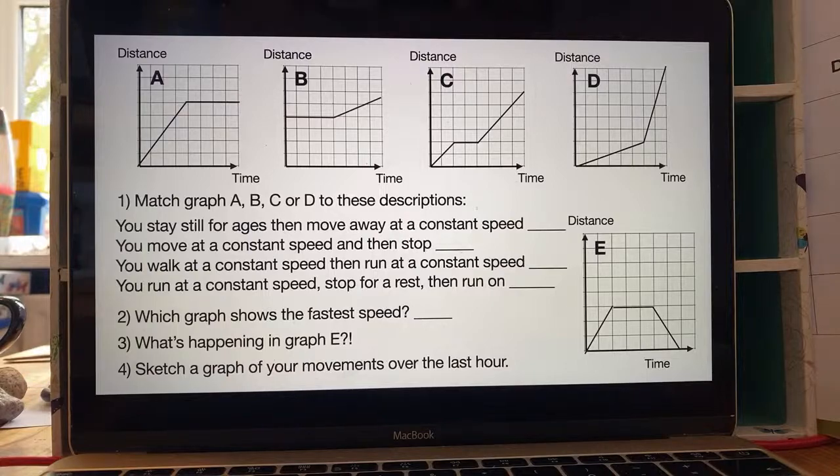I might do that actually while you're working. I didn't do that yesterday. It's quite tricky, isn't it? That really gets you thinking, sketching your movements in the last hour. The last hour. Oh, okay.